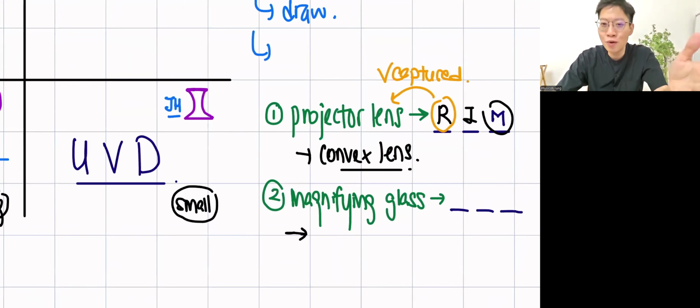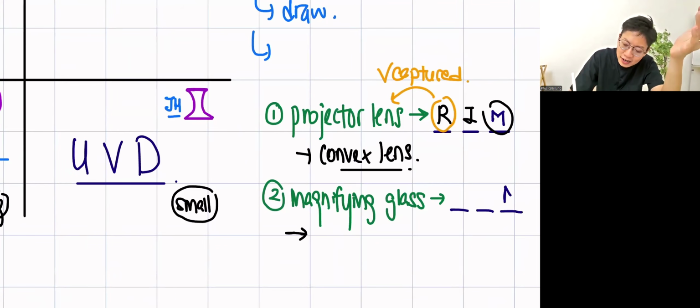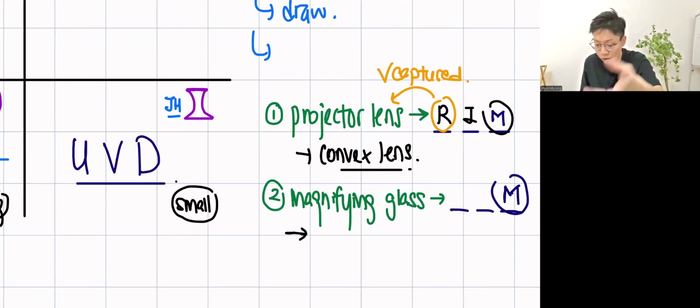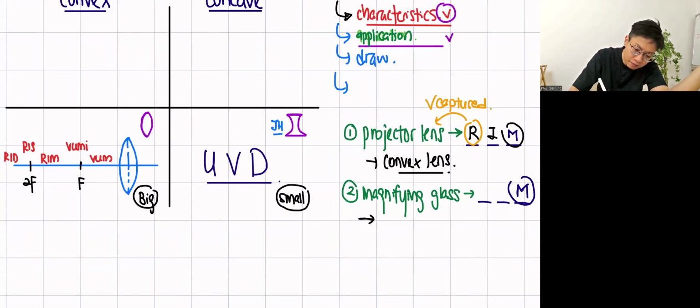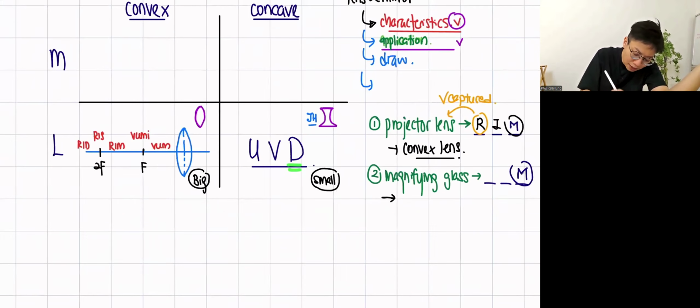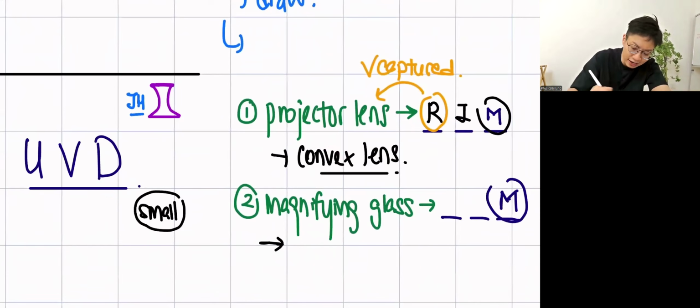Correct. So what do you want now? You want a magnifying glass. Magnifying glass means you want a magnified image, correct? Concave always gives diminished, and here you want magnified. So therefore, you want a convex lens.